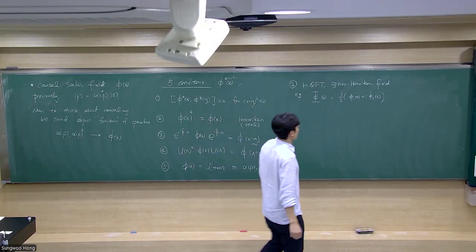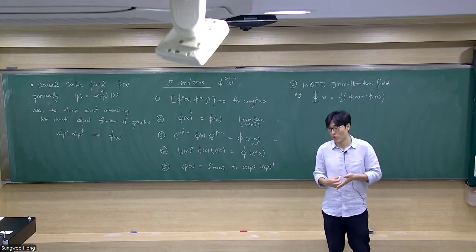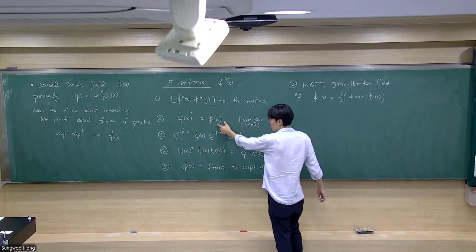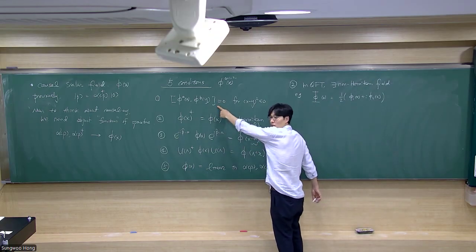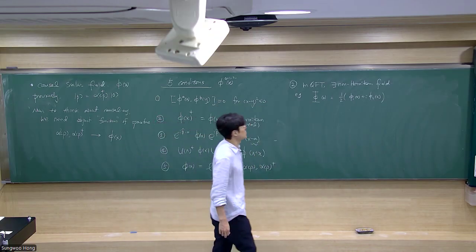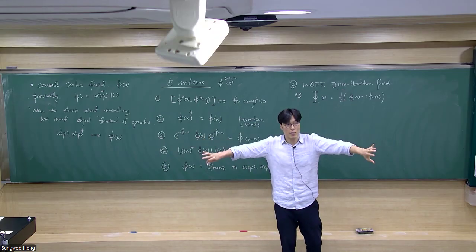But the point is that every operator can always be decomposed into Hermitian and anti-Hermitian parts, right? And then I can zoom into that part and work it out that way, okay? So that's comment number 1. So any operator, even if it is not Hermitian, I can always decompose into Hermitian and anti-Hermitian parts, and then I can play it out that way.